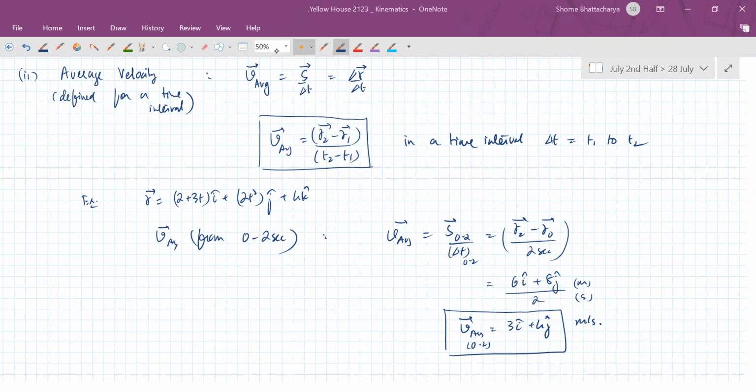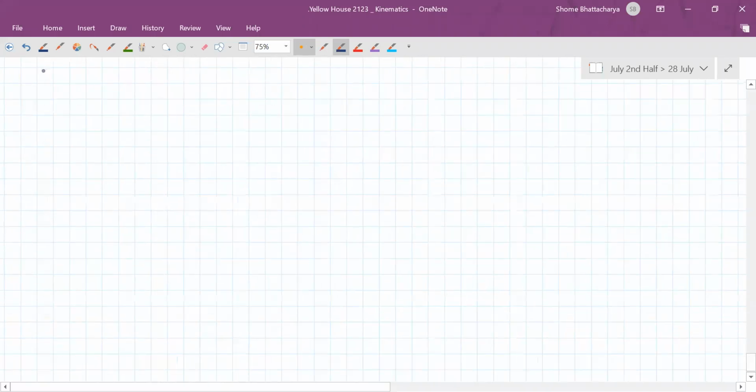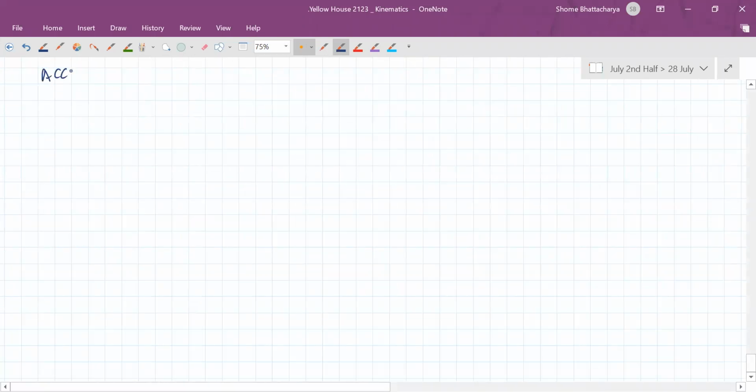Okay, so now we move on to the final definition in this series of vector parameters, and that is the acceleration. Acceleration is the rate of change of velocity, as you know.